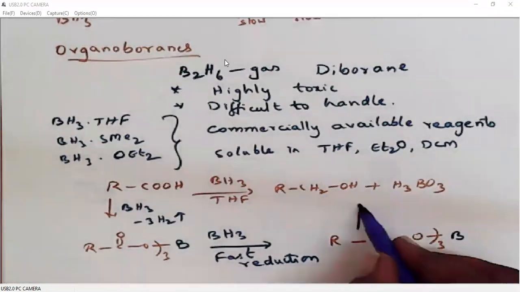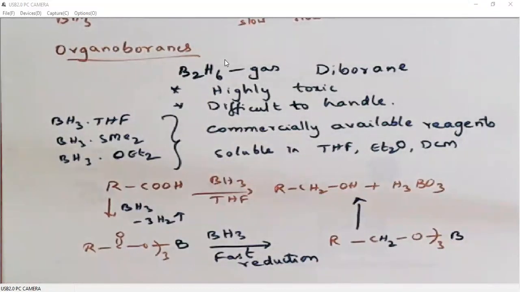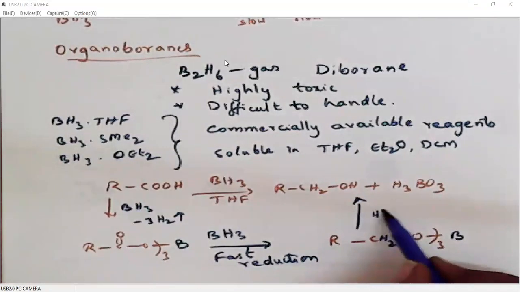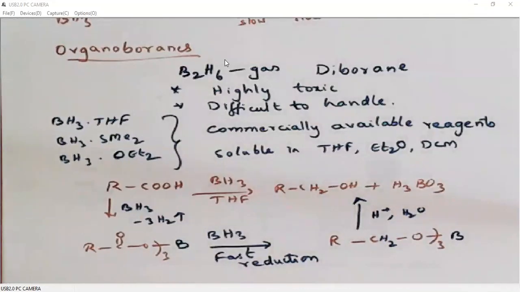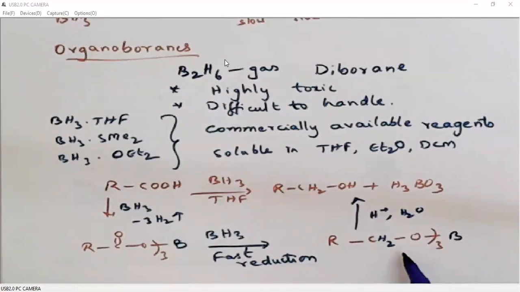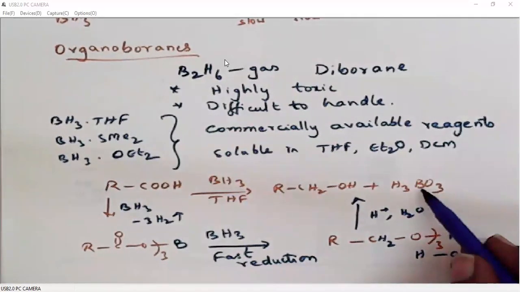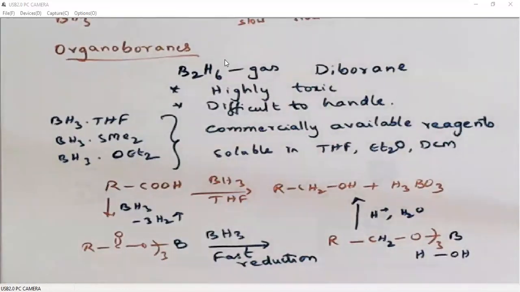Now when we add dilute acid here, or what we say hydrolysis, this borate ester will undergo hydrolysis. So H will add to oxygen, OH will add to boron. So that is why it forms B(OH)3, boric acid. H3BO3 is called boric acid.